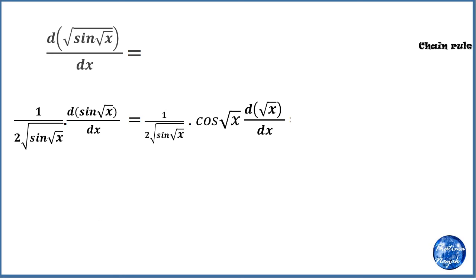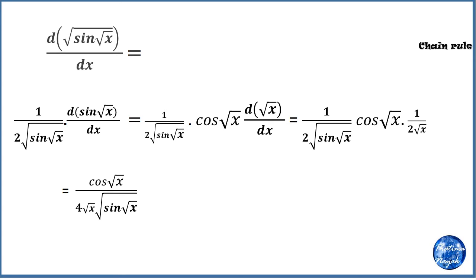Under root x derivative we have learned. Now simplification: it will be 1 upon 2 sine under root x cos under root x multiplies 1 by 2 under root x. So what is the final result? Final result will be cos under root x by 4 into under root x into sine under root x.